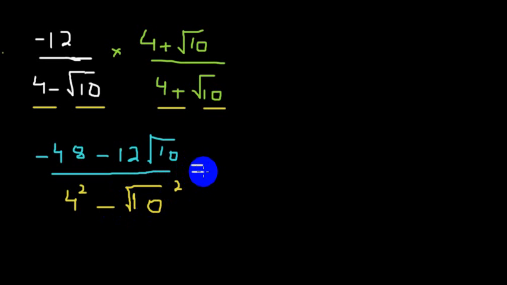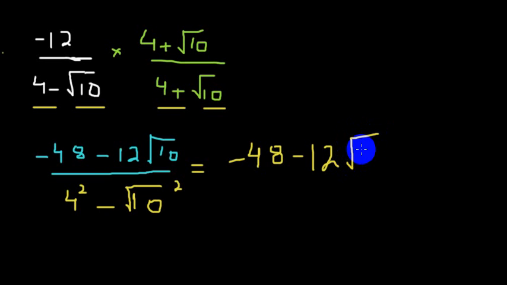Okay, so this will be negative 48, then a negative 12 into square root of 10, and then over 4 square is 16, and if we cancel this square with the square root we get 10, so it's minus 10.